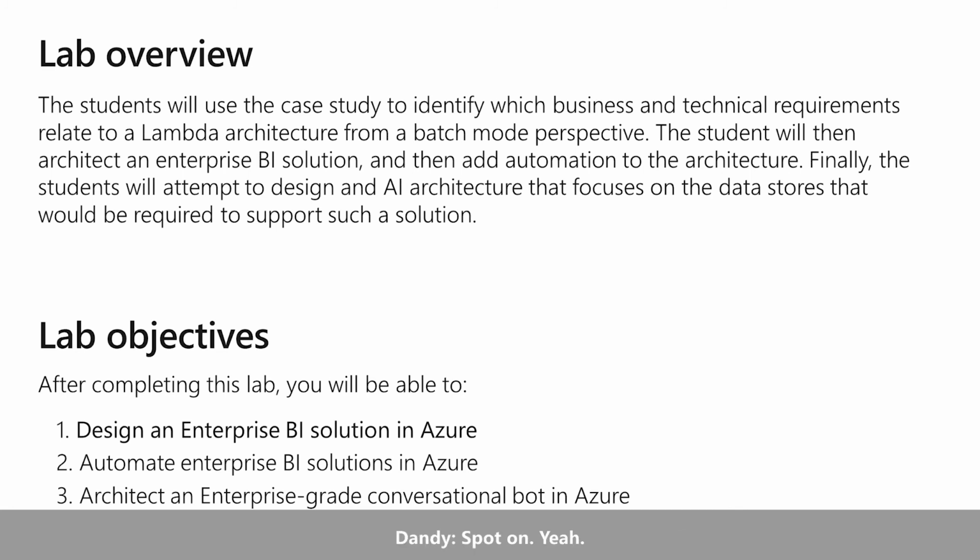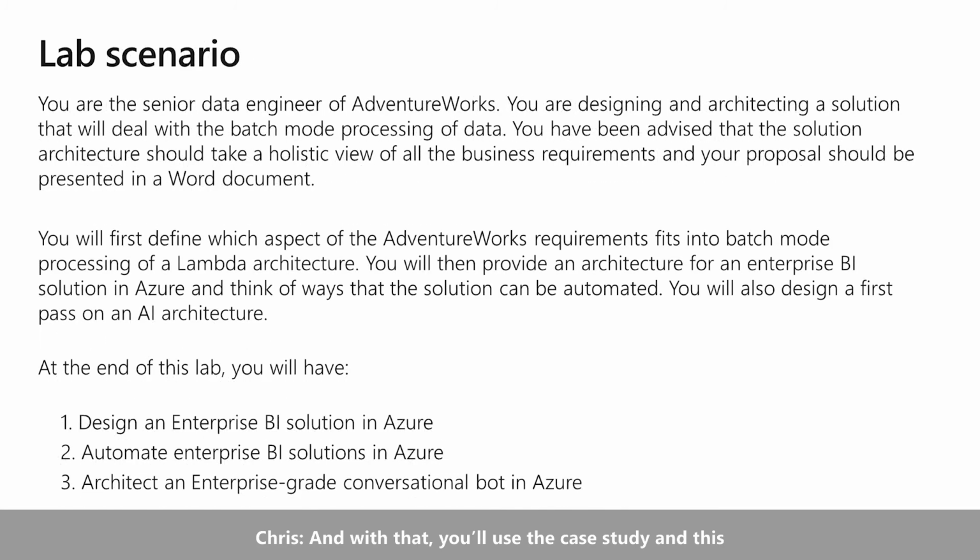Spot on. And with that, you'll use the case study and this scenario, which drills down a little bit more, where you've been advised that a solution architecture should take a holistic view of the batch mode architecture against the business and technical requirements of that case study, and then you're going to draft that up ready to be presented to the group.